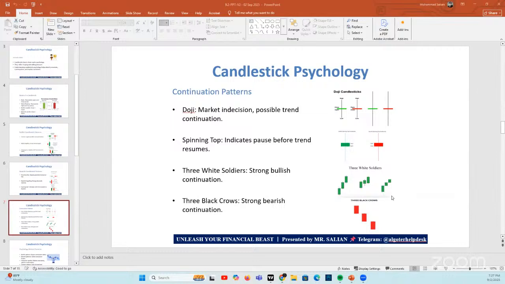This is all called three white soldiers. That means it's still a bullish trend, strong bullish continuation. And three black crows for the bearish trend. We will see these three bearish candles forming in succession. Very easy to spot.